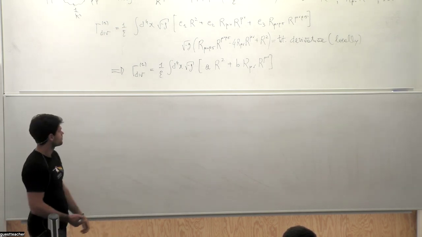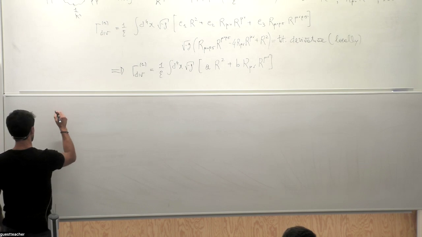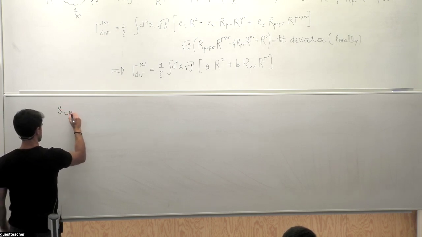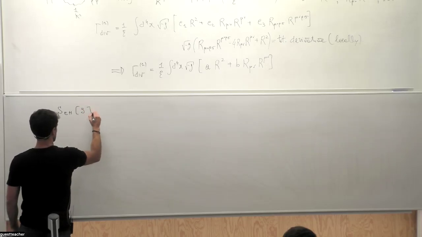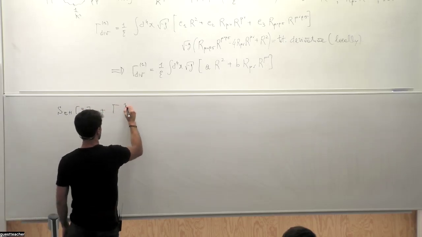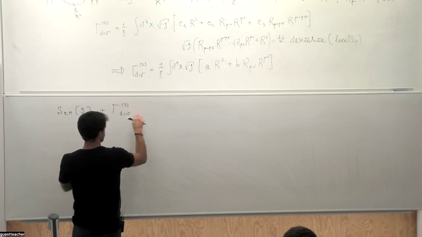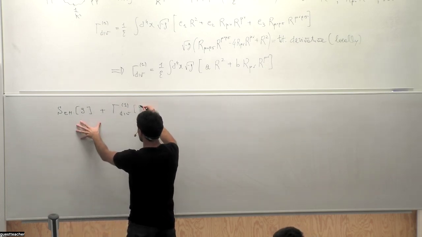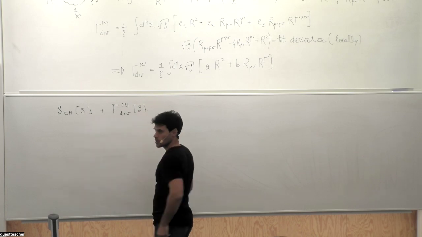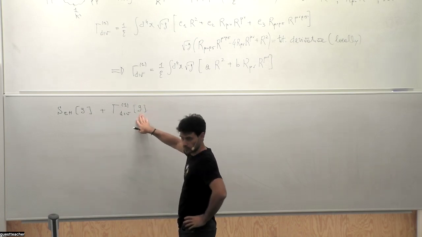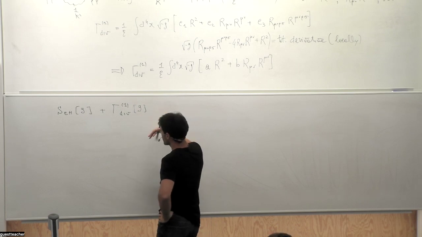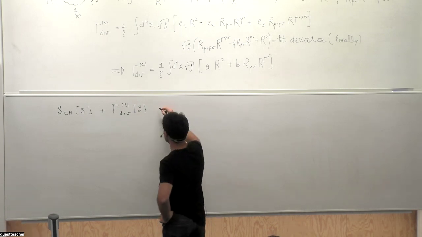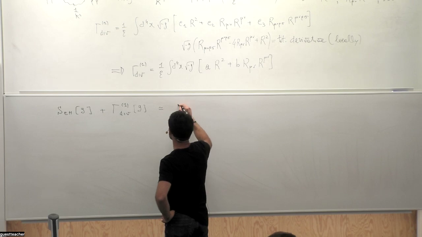Why is that? So what I'm saying is the following. Now, the action that we have is this one, plus this contribution. That is, there can also be one loop finite contributions, but we don't care about that. So we have something like this. And they are both, let's say, functions of the metric g. Now the question is, can we perturbatively write something like this?